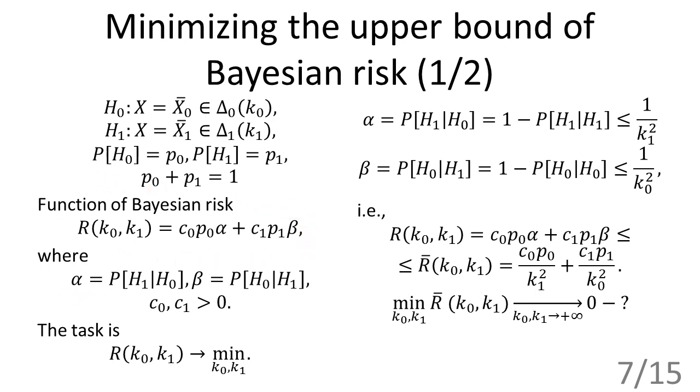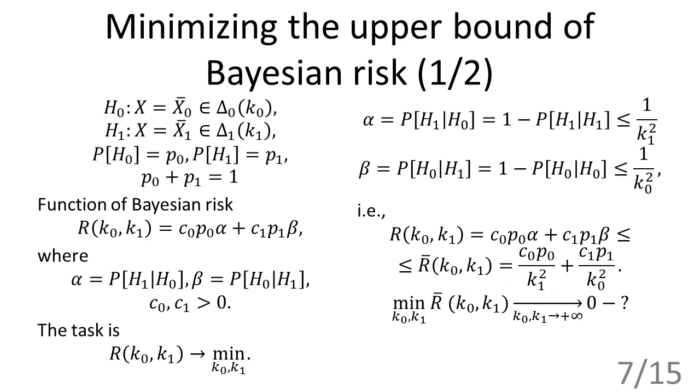Here alpha, or probability of H1 given H0, is the probability of type 1 error, while beta is the probability of type 2 error, and C0 and C1 are the given error costs. Our aim is to minimize the function on K0 and K1, and applying the Chebyshev inequality we get the constraints on alpha and beta, and further the upper bound of the Bayesian risk function.